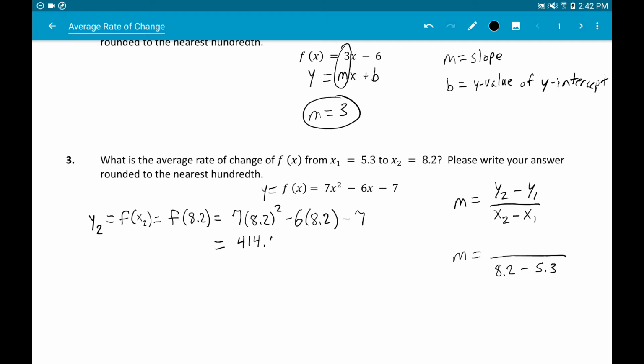Okay, so that's your y sub 2 value. You can go ahead into the slope formula over here on the right and plug in y sub 2 is 414.48.